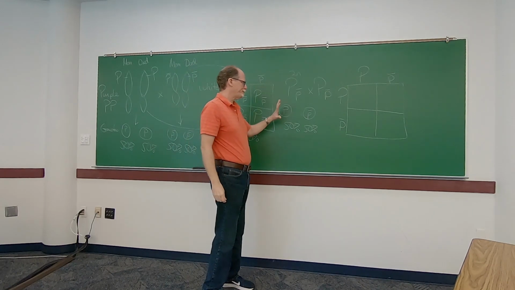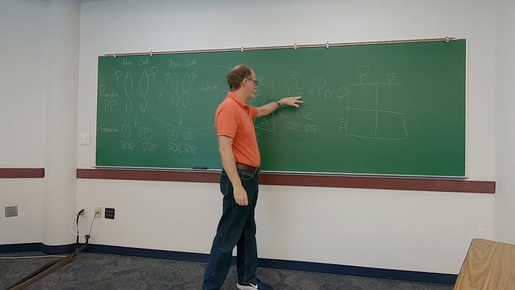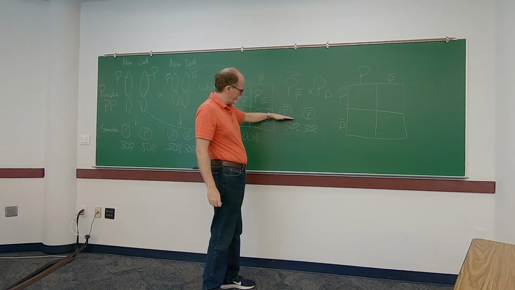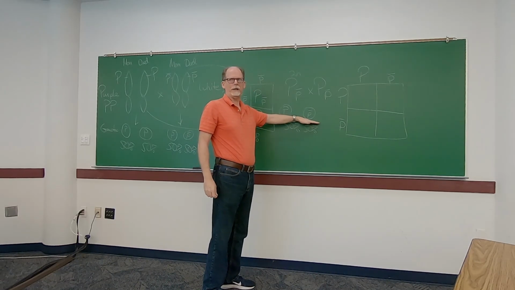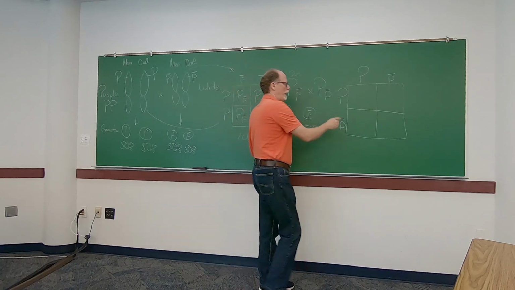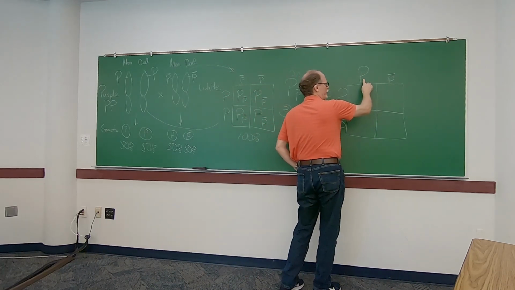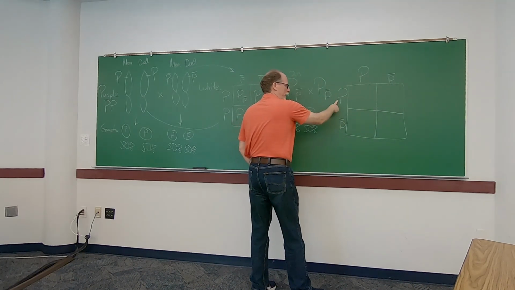Now this organism or this person or plant and this person are having sex. They both get 50% of the gametes with the big P, 50% of their gametes with the little p. Then when we do the Punnett square, this guy generates 50% of these, 50% of these gametes. This guy is the same thing.